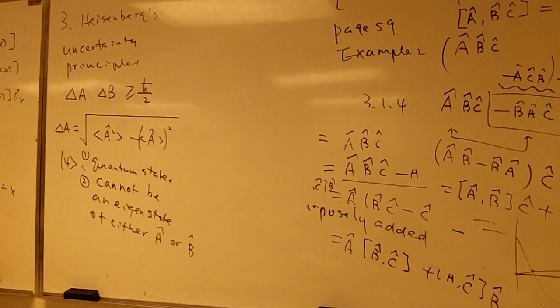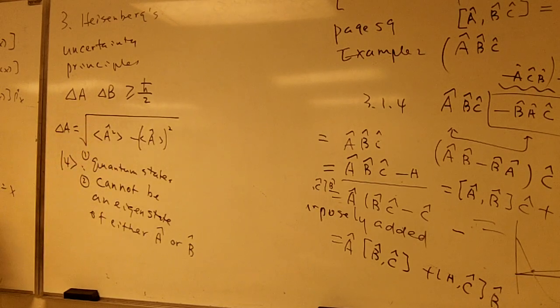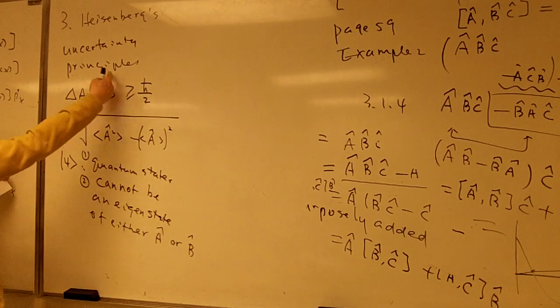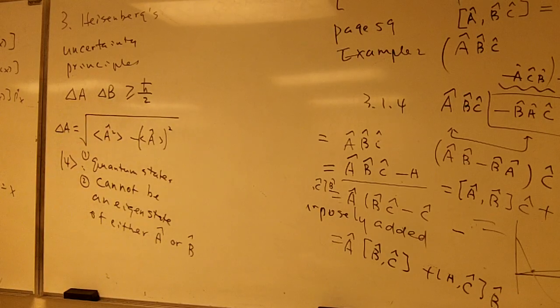So this particular psi, when you plug it in the brackets, cannot be an eigenstate of either operator A or operator B. You cannot do it like that, because if you do, this is going to be 0 immediately. But 0 cannot be larger than h bar over 2. So that's the problem. You cannot be an eigenstate of either A or B or both. It doesn't matter. You cannot do it like this.